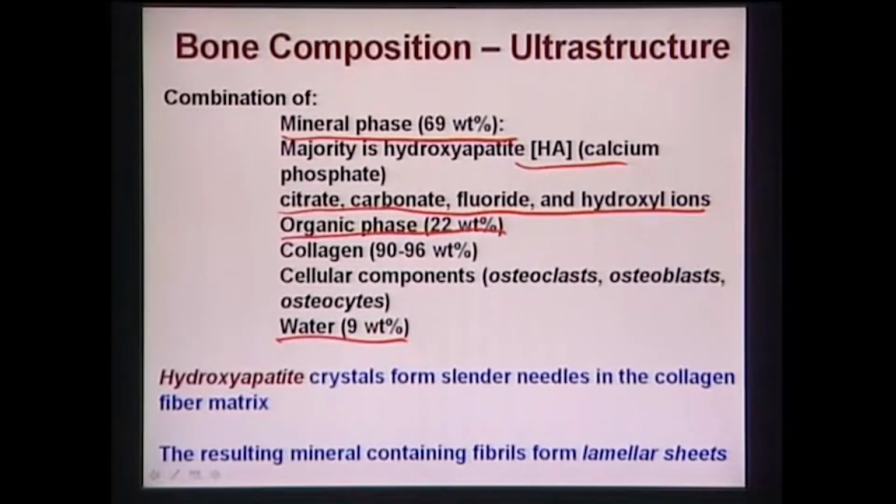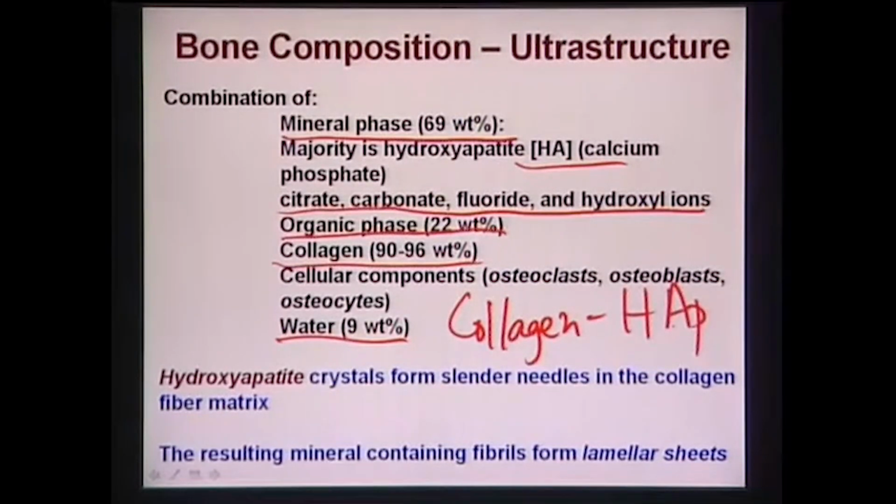Now among this organic phase, collagen is 90 to 96 weight%. That means most of the organic phase is collagen. So that is the reason bone is a composite, and this composite is known as collagen hydroxyapatite composite. Collagen is the organic phase, so that's like a polymer. Hydroxyapatite is the ceramic phase.